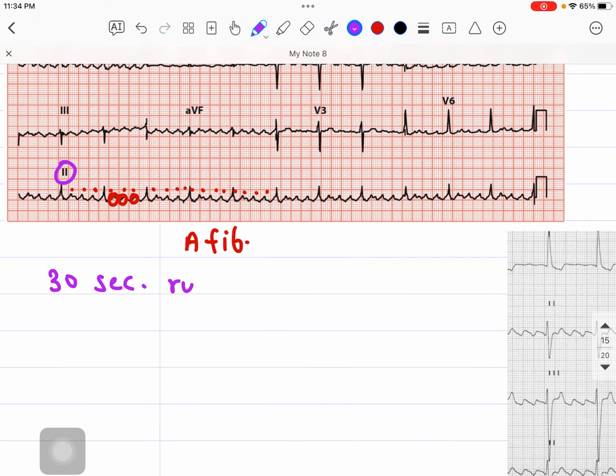We use the 30-second rule for calculating the heart rate of a patient with an irregular RR interval or irregular rhythm. How to calculate the rate? You just need to count the bigger boxes, 30 big boxes.